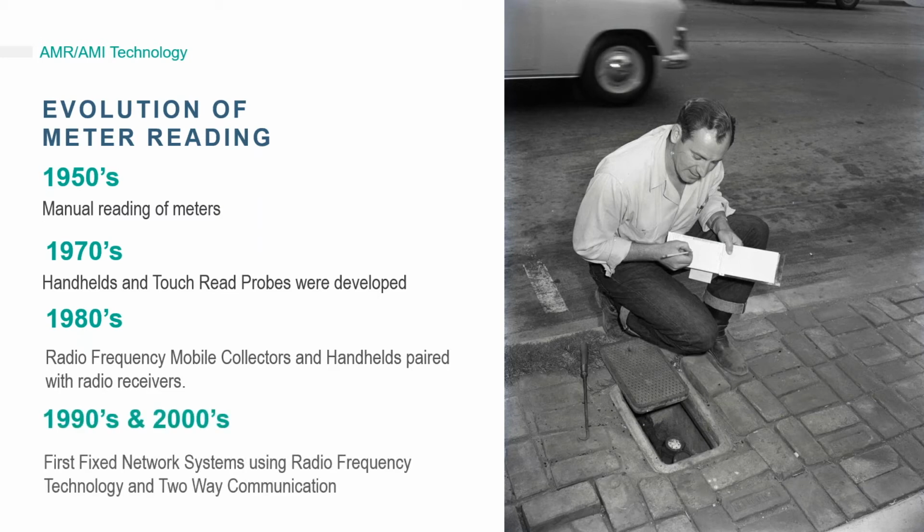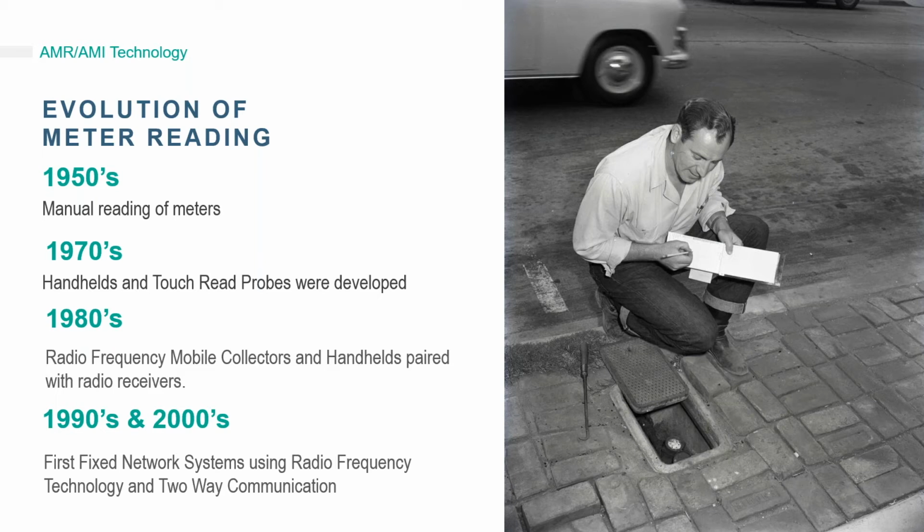In the 1990s, the first fixed network systems utilizing radio frequency technology were developed. These meter registers were wired to radio frequency transmitters, and these transmitters sent readings to stationary collectors, and collectors sent readings from meters to the utility by cell phone or some other communication means. Readings were then uploaded to the utility's billing software for electronic processing of bills.